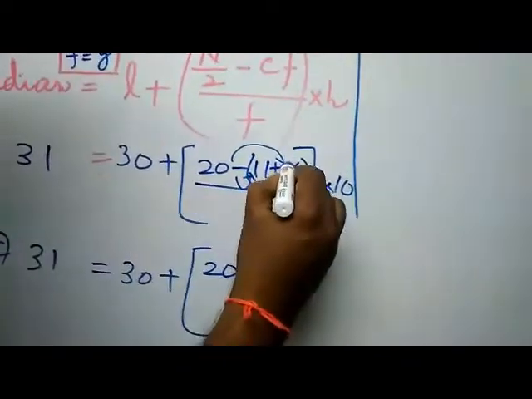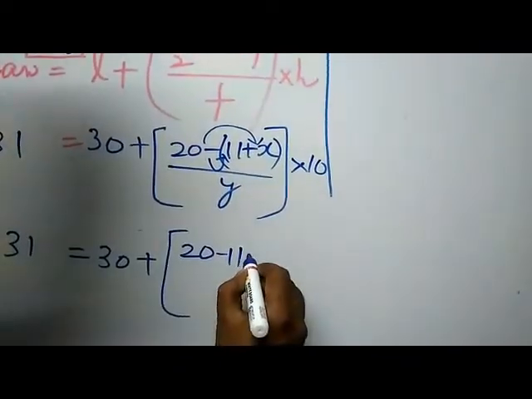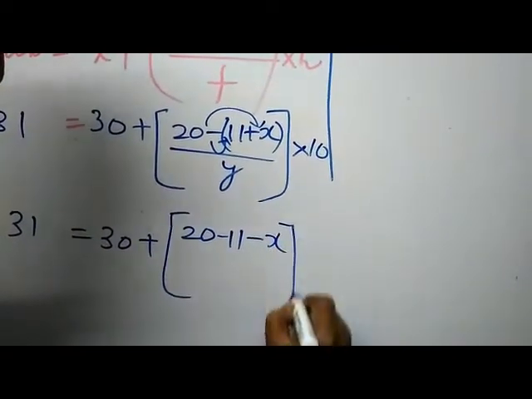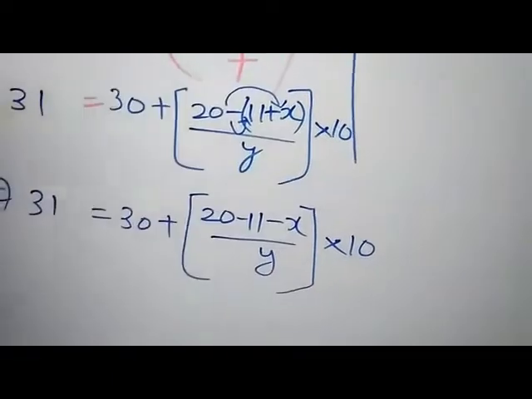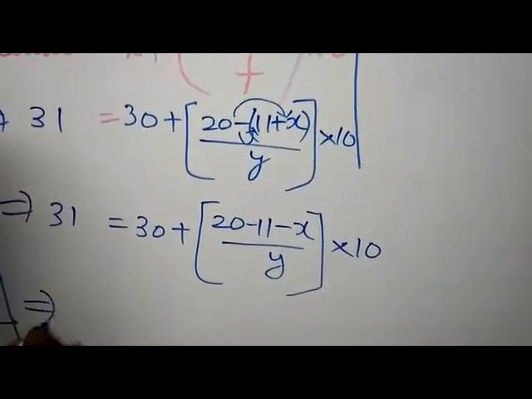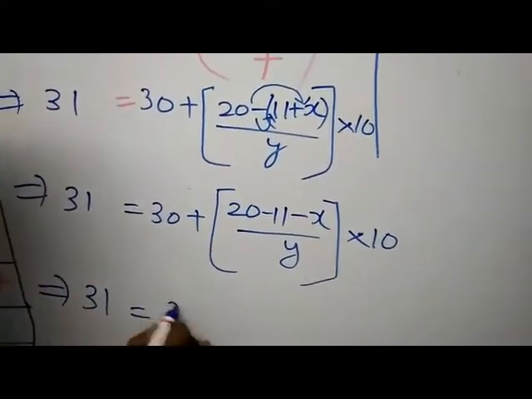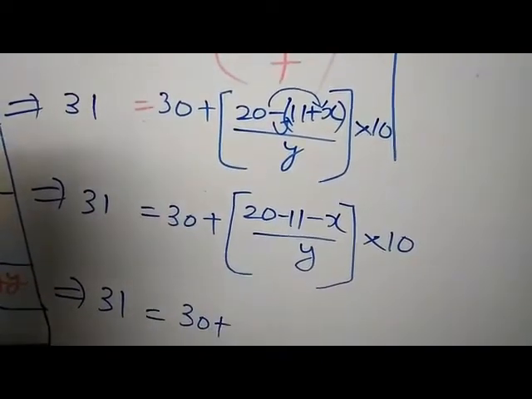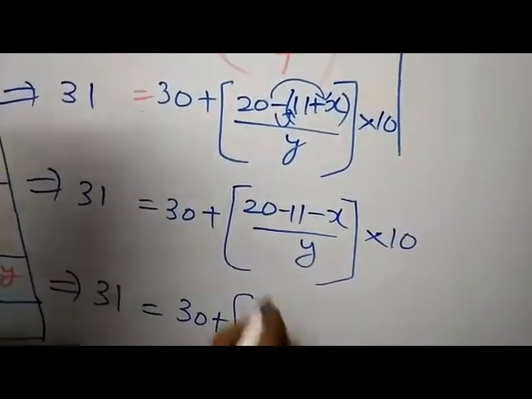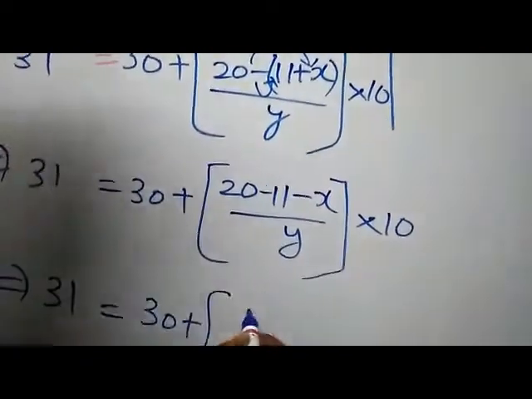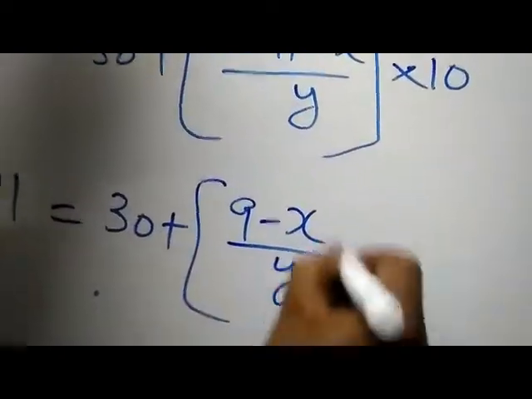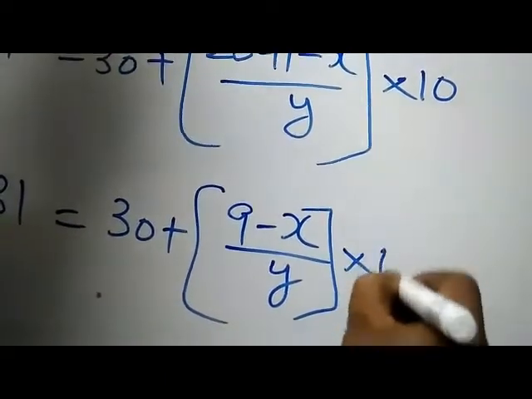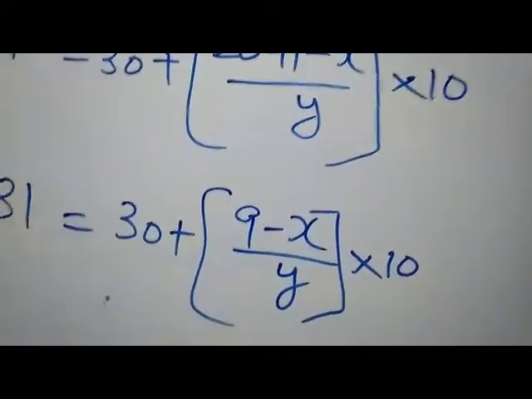Because of this minus, this plus will be minus, minus x, by y into 10. That implies 31 is equal to 30 plus 20 minus 11 is equal to 9, 9 minus x by y into 10.